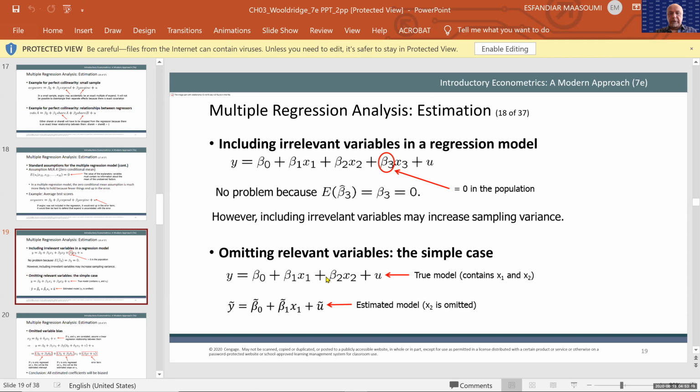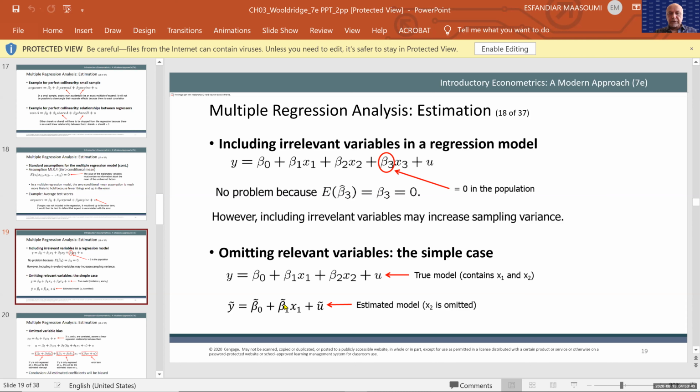Think about it. Suppose this is the true model with 2 regressors, 2 slopes. I go ahead and estimate the model without x2. So I have an omitted variable problem. When I estimate this bivariate, notice we put tildes, not hats, so that we distinguish these estimates from the estimates of the true model, beta 1 hats.